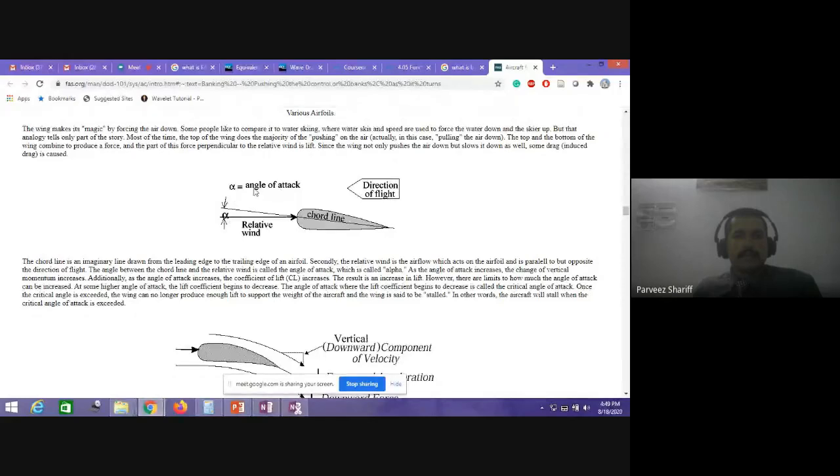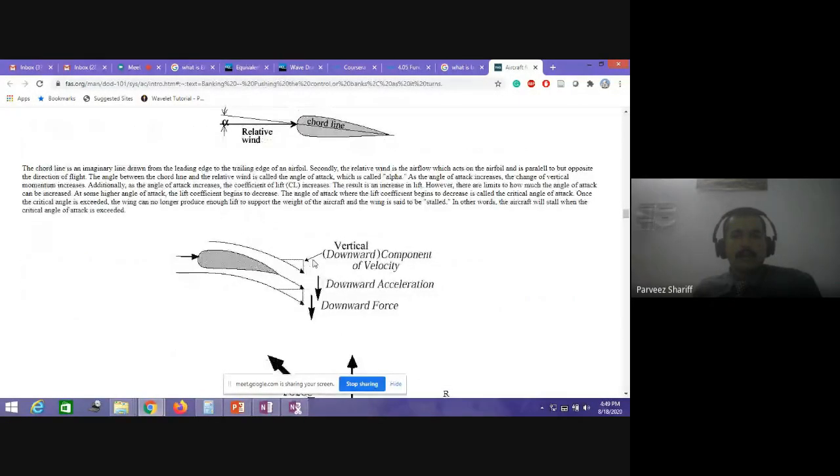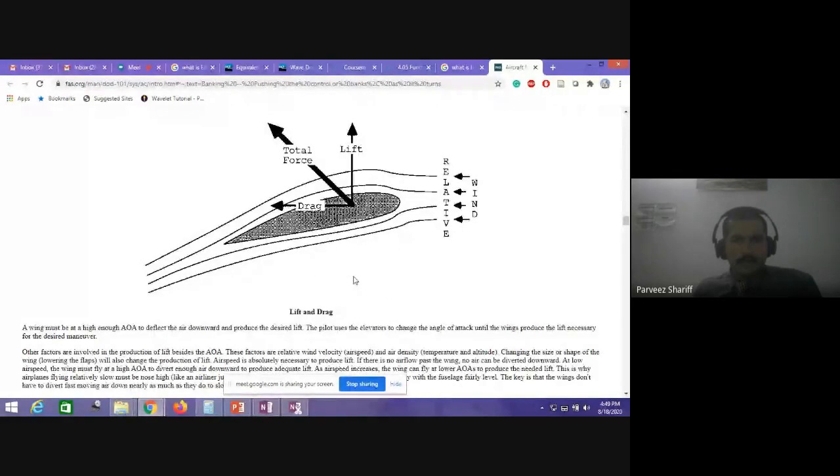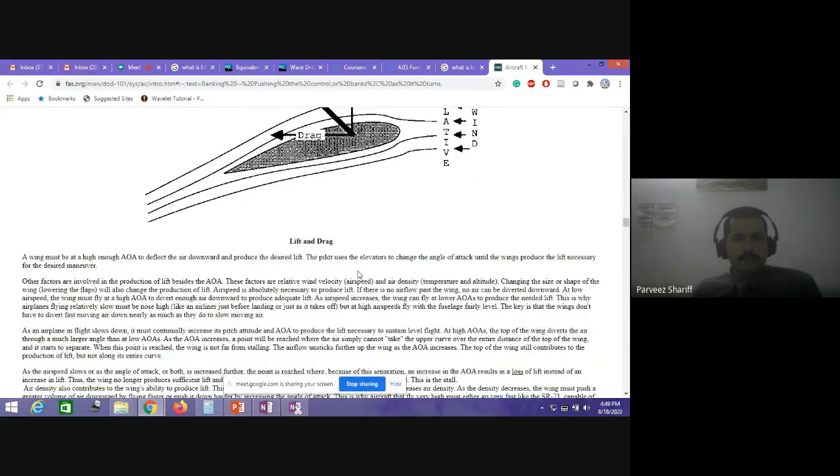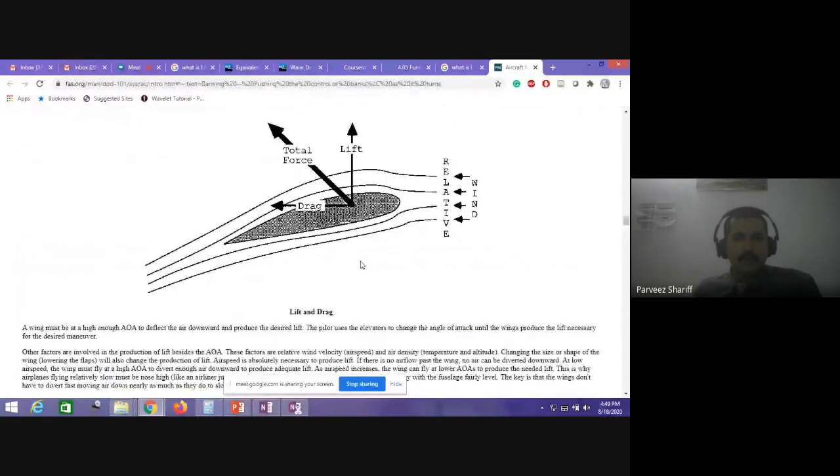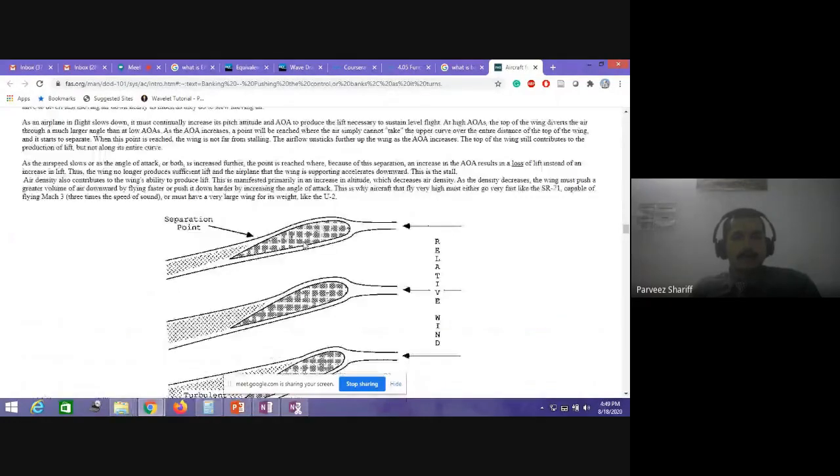So this we call the angle of attack, the angle found between the relative airflow and the chord line. This is how the wind flows above and below. The low pressure is created above and high pressure is created below the wing.